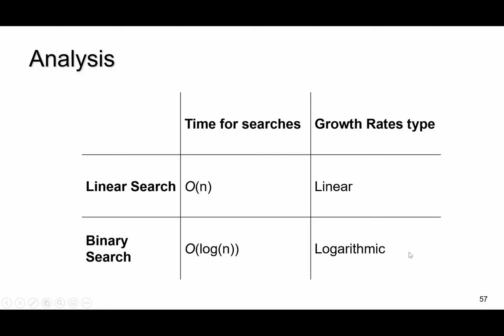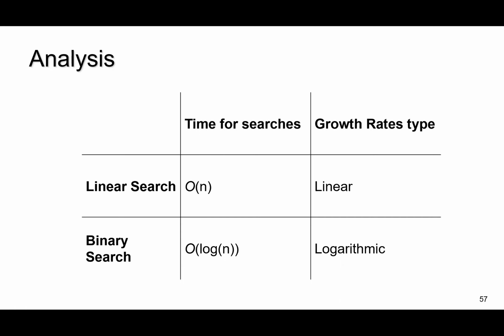So from here you can see that binary search is actually more efficient than linear search in terms of the worst case scenario, as your data size increases, because you don't really have to check every element. For binary search, you always concentrate on either the left or the right to search for your target value. But linear search compares one by one, starting from the first one until the last one, if it doesn't exist.